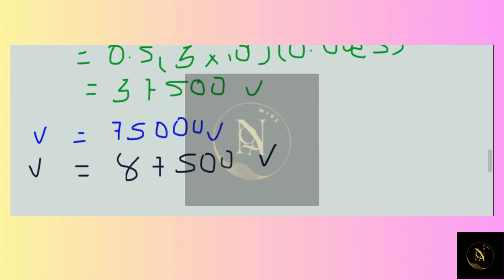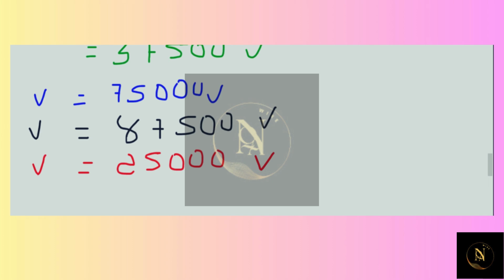For the polystyrene, V is equal to 25,000 volt. And for the Pyrex, V is equal to 12,500 volt.